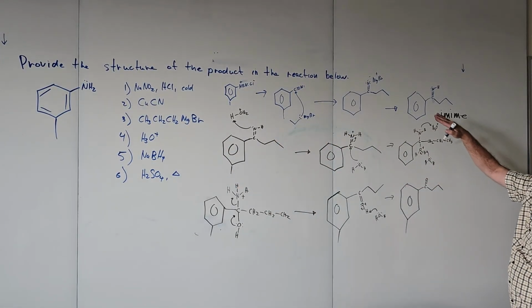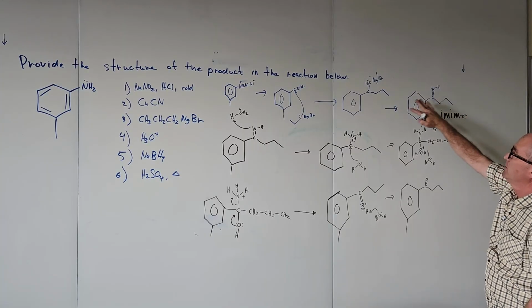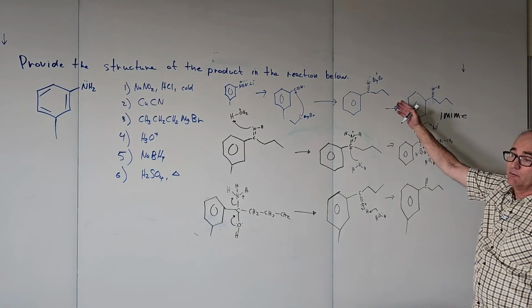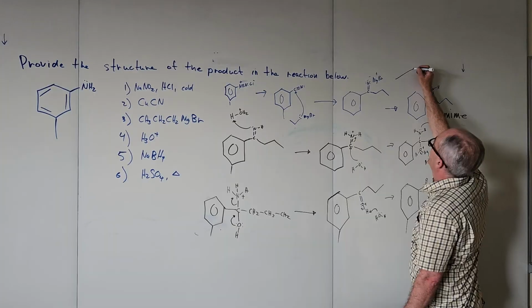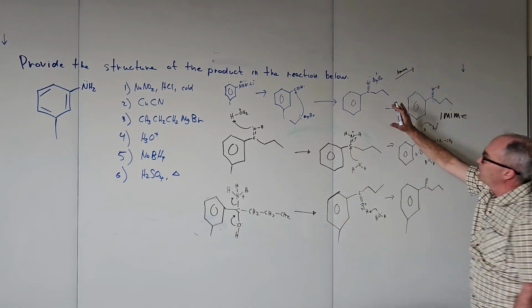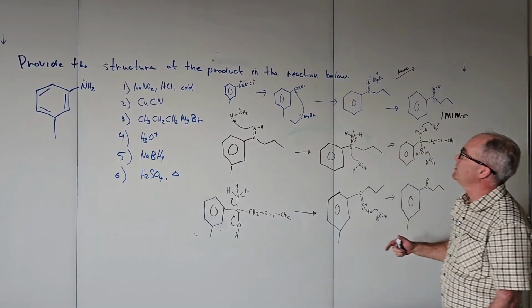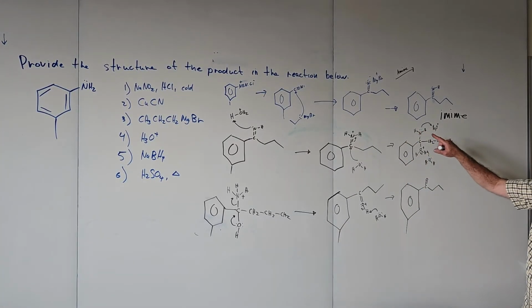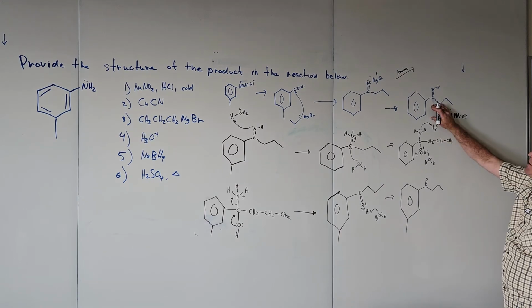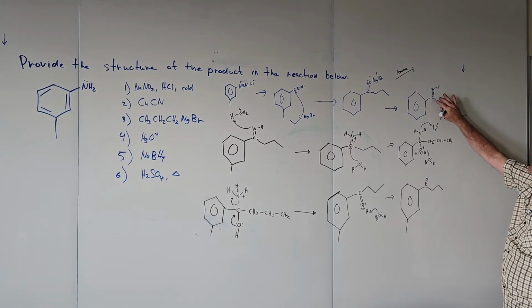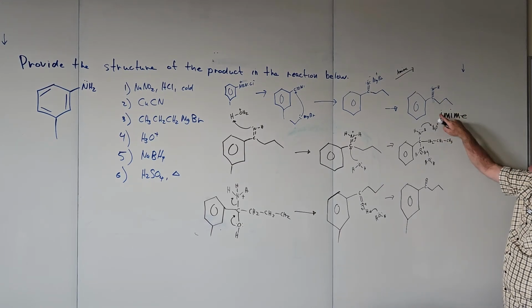There's also a way to stop it here, or to go from here to an amine. There's another way to go to an amine if we chose. But if we add water, we can hydrolyze the imine back into the ketone. And you might remember from the chapter on ketones, we could react a ketone with ammonia and get the imine.